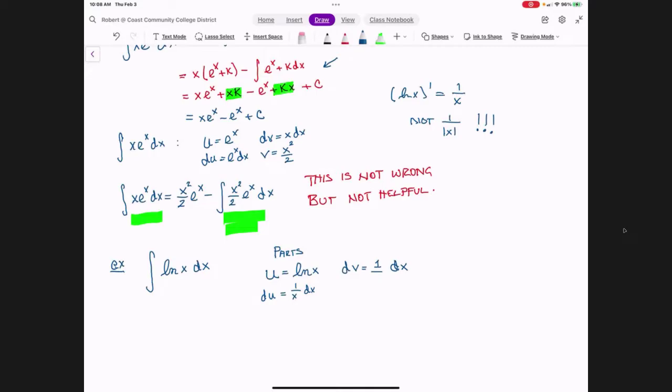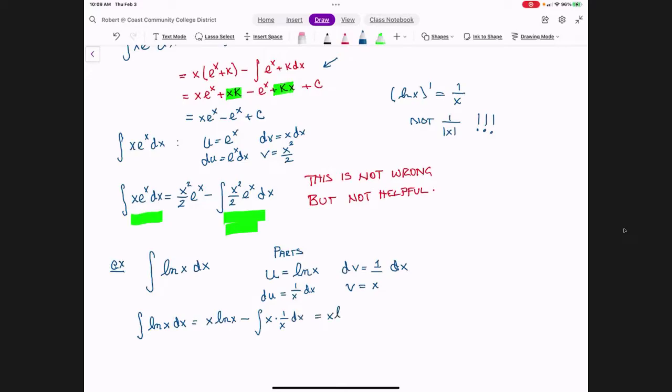Okay, anyways, v would then just be x, right? So I go through and do this, my integral, and I usually just start referring to these things as I. This is equal to uv, x log x, minus the integral of v du, which is x times 1 over x dx.